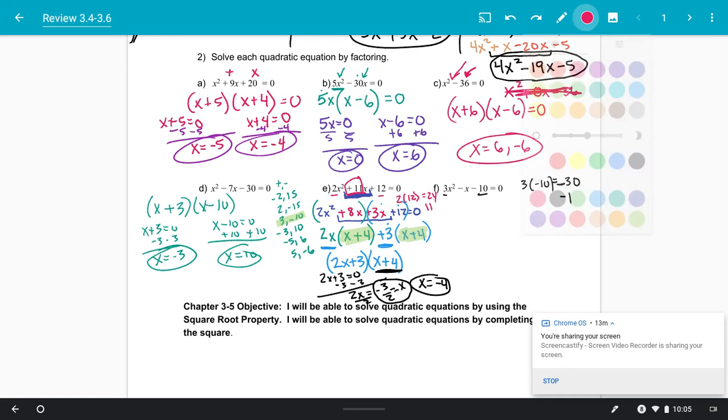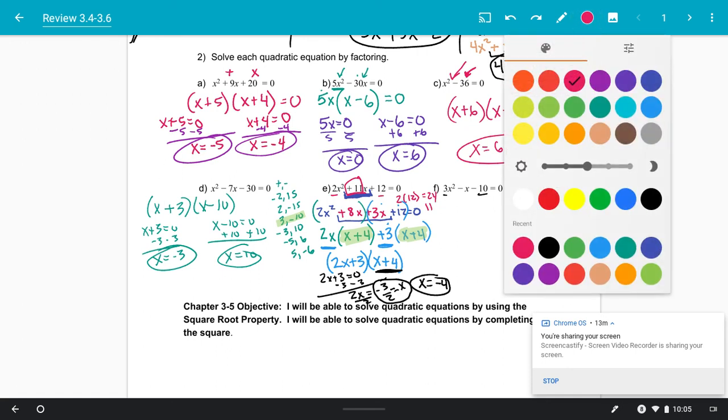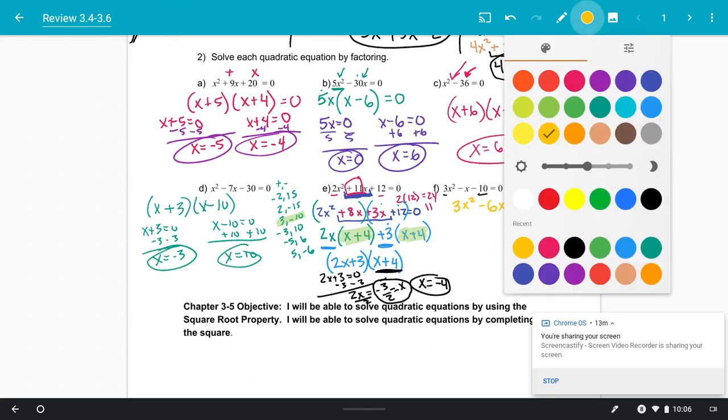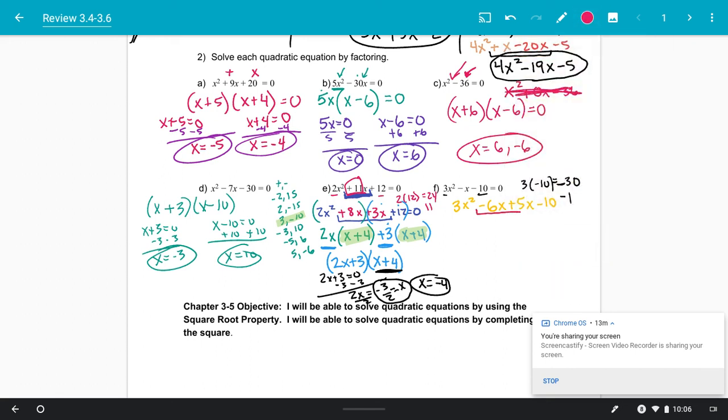So we'll have 3x squared minus 6x plus 5x minus 10. Just one more time, I rewrote negative 1 as negative 6 plus 5 because it's still negative 1.